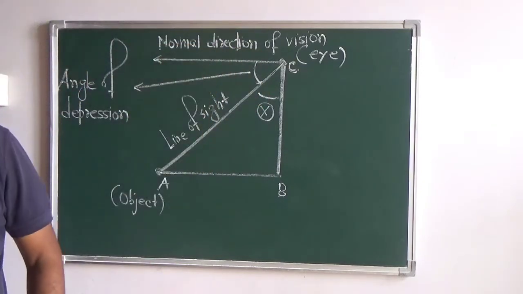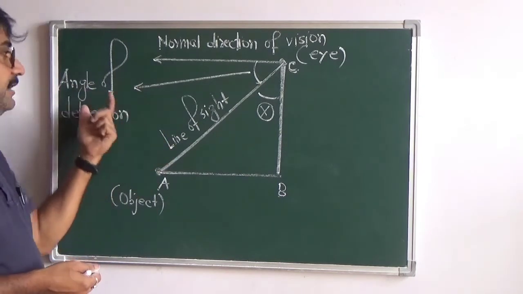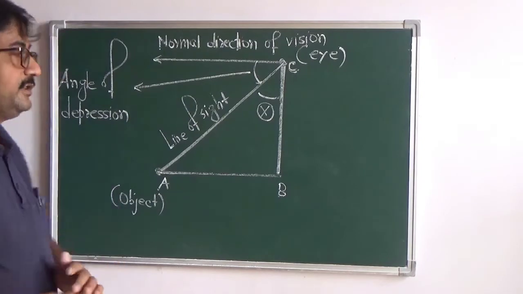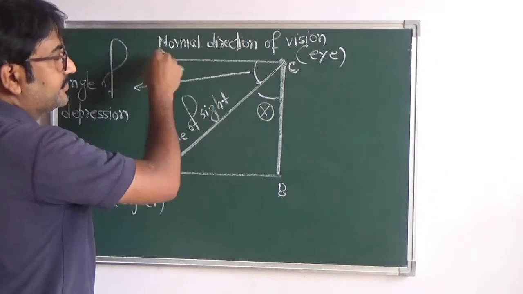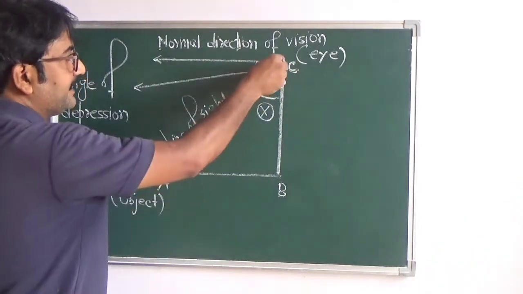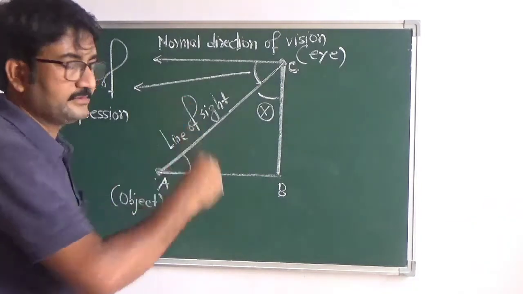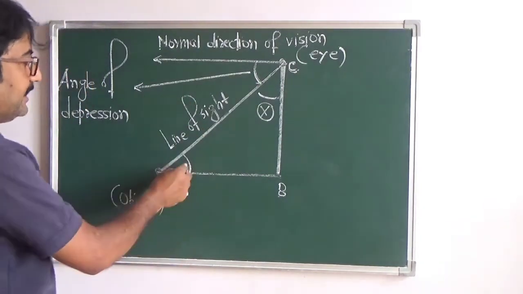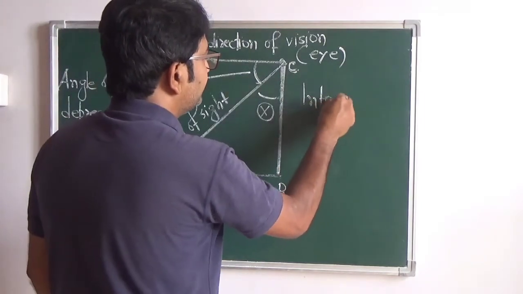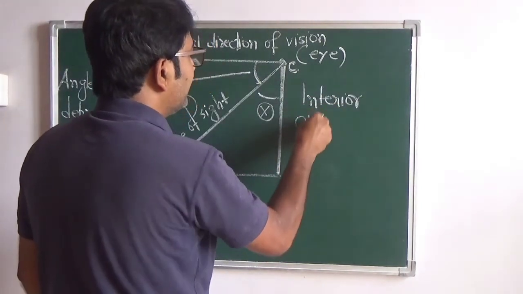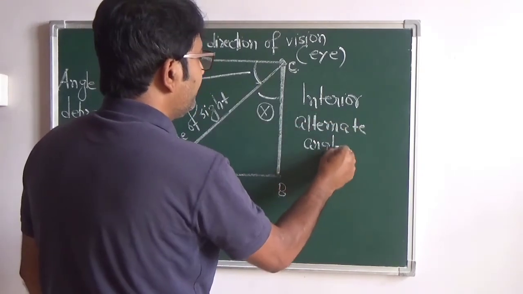Now, if you were to solve a question where the angle of depression is involved, you see this line and this line are parallel lines. So if we consider this line of sight to be a transversal, then this angle and this angle will be equal, because they are interior alternate angles, the property of parallel lines.